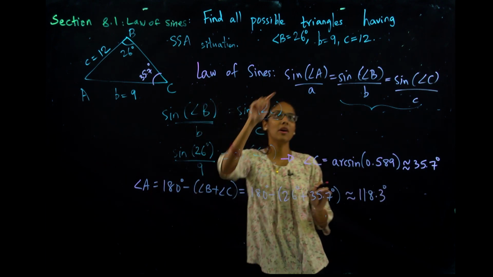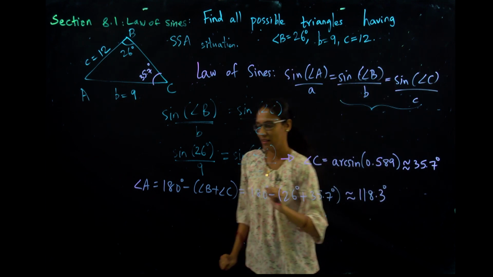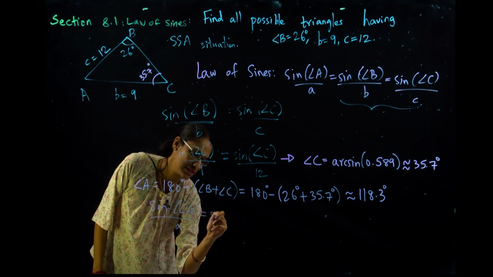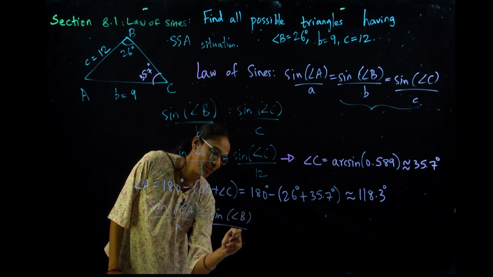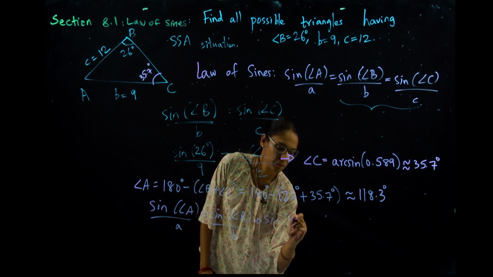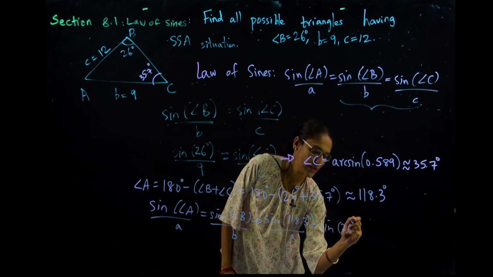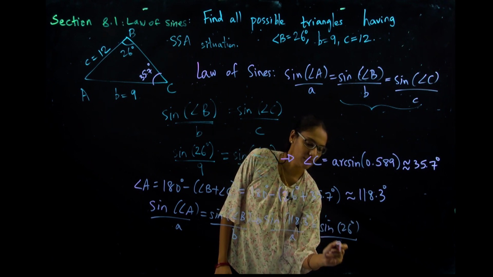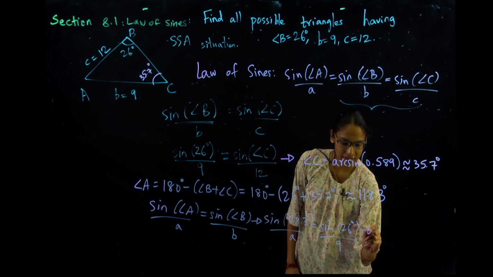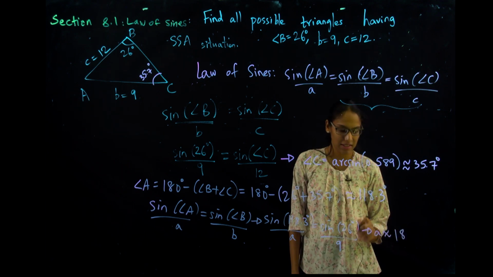And lastly, since we found out angle A, now you can use the middle piece to find side a. Using the fact that sine of angle A by little a equals sine of angle B by little b, this is going to be equal to sine 26 degrees by little b, which was 9. And then solving everything, you end up getting that side a is going to be approximately 18 units.